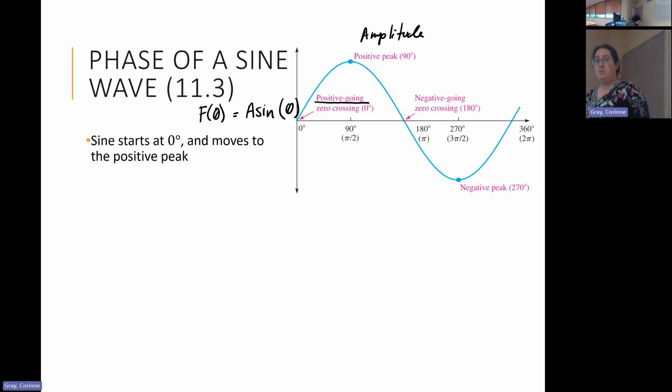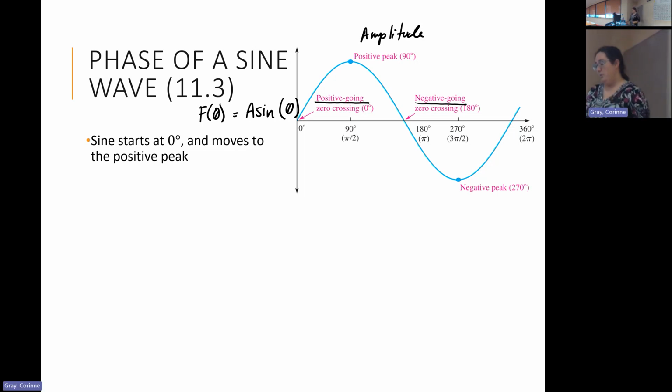We're going to then go down to 0, and then we reach the negative going portion of the graph, right? We are going into the negative. We then hit the negative peak or the negative amplitude, and then we re-enter positive going and repeat this over and over again.